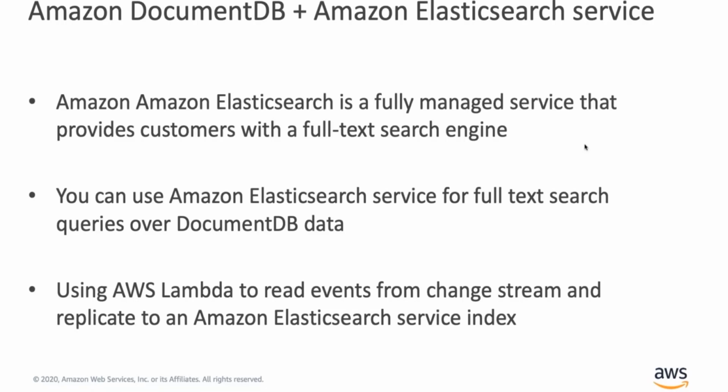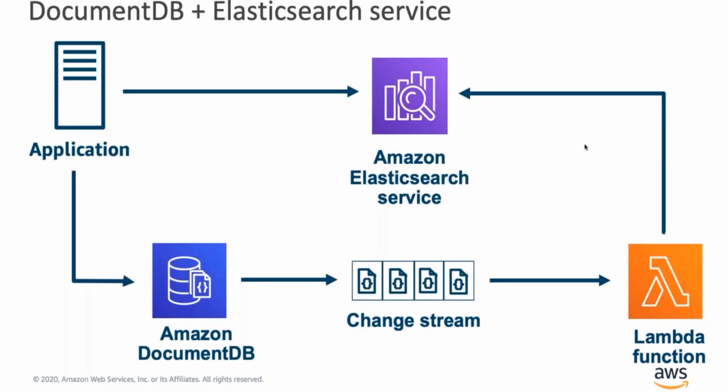You can use a Lambda function to read the events from a DocumentDB change stream and replicate them to an Elasticsearch service index. Once that data from your DocumentDB cluster is replicated onto that index, you can write full text search queries on that data and make the most of what Elasticsearch service has to offer.